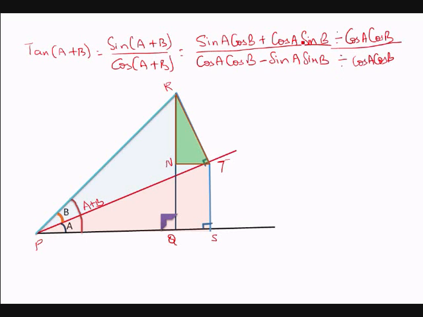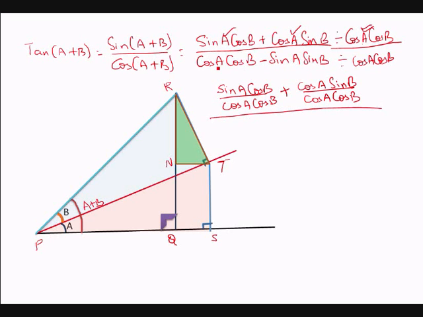So sine A cos B plus cos A sine B divided by cos A cos B in the numerator, and this minus this divided by cos A cos B in the denominator. Therefore, if I take this over this and write it first, sine A cos B over cos A cos B plus, now it is this over this again, cos A sine B over cos A cos B. This is in the numerator.